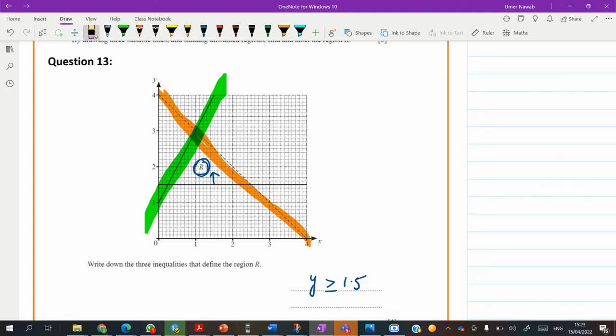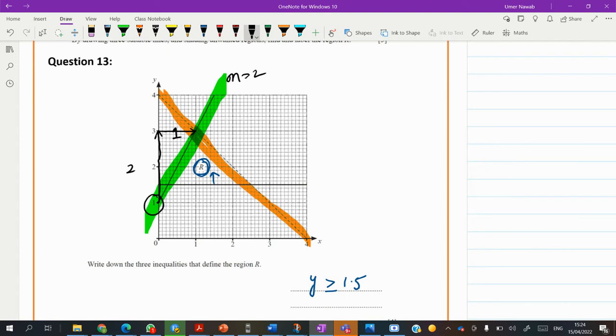Next, the green line, boys. The green line, be careful. I need to find its gradient first. So move from the y-intercept. How many units does it go up? I think it goes 2 units up and 1 unit to the right. So the gradient of this line is 2.